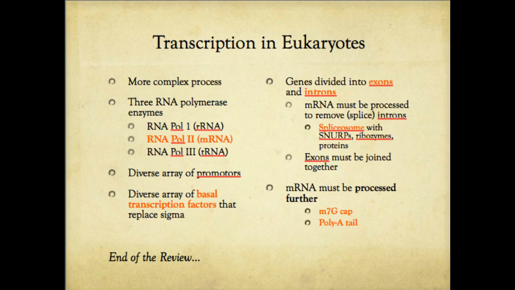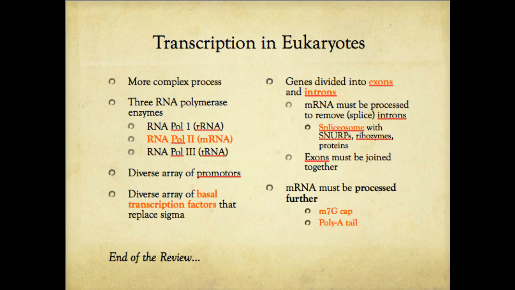Remember, too, that there is no sigma portion of RNA polymerase in eukaryotes. Instead, there are multiple proteins called basal transcription factors that essentially function the same way sigma does. It's this group of basal transcription factors that locate and bind to all these different promoters and help guide the core of the enzyme into place.